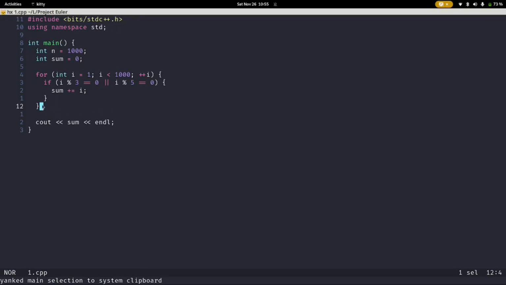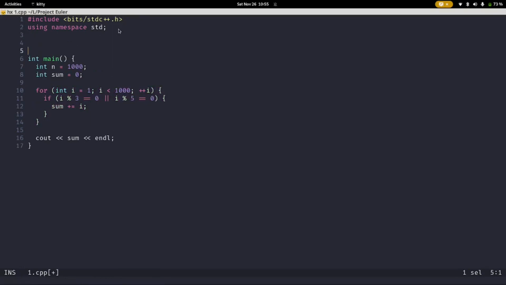We can achieve that by making it a function. I'll call it basic.